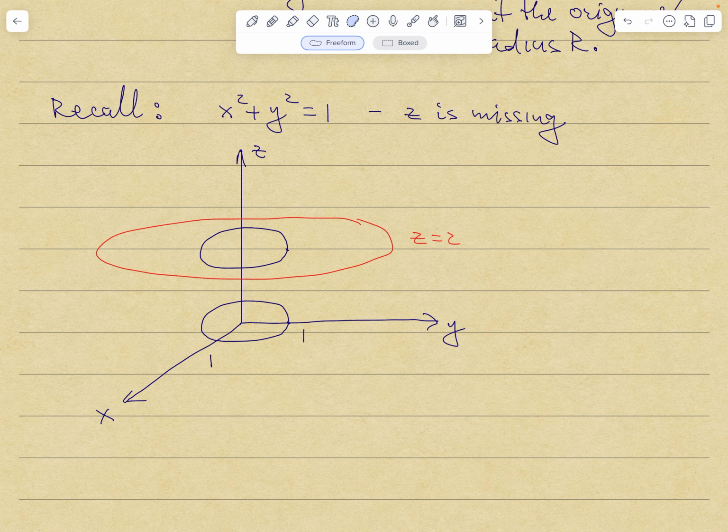It doesn't matter at what level I draw a plane z equal to something. Within that plane, I still need to draw a circle x squared plus y squared equal to 1. And so my surface is actually a collection of infinitely many circles like that. If I connect all of them, what I'm going to get is a cylindrical surface like this.